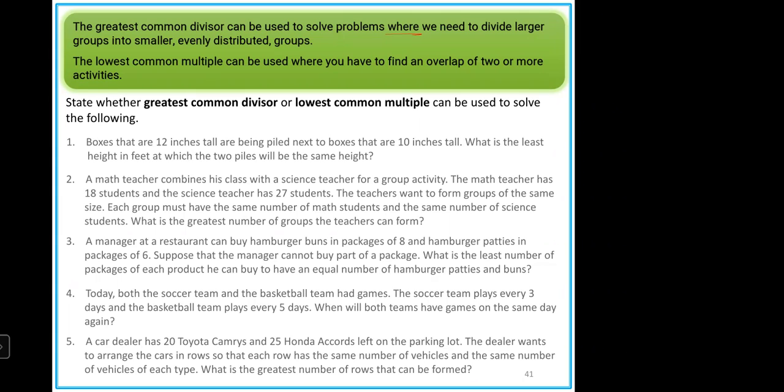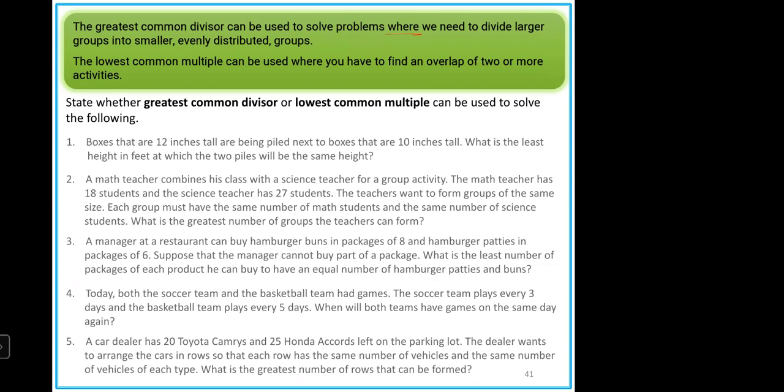Okay, we are trying to form smaller groups from those two groups. You have 18 students in one class, 27 in another, and they want to form groups of the same size, and find the greatest number of groups each teacher can form. So that's a question where you would use the greatest common divisor.